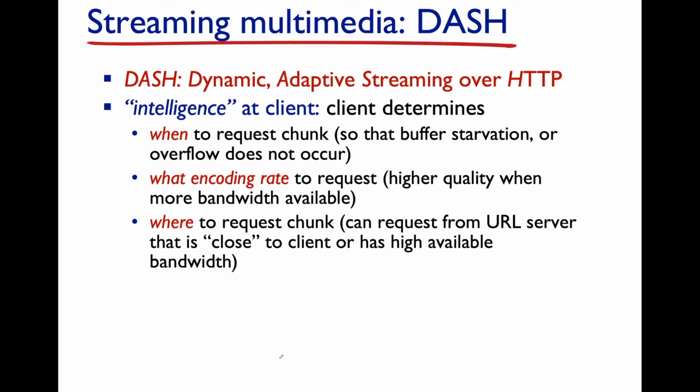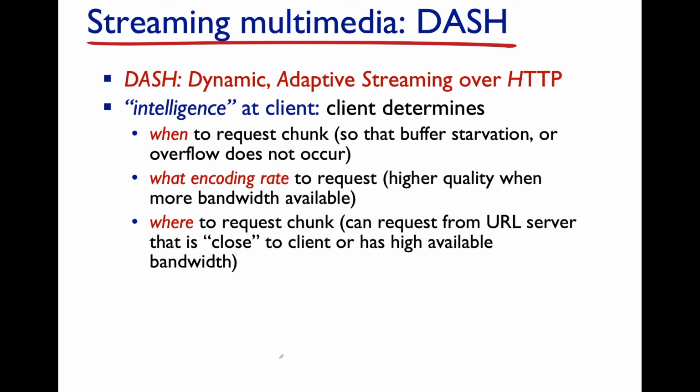And so for DASH, all of the intelligence is put at the client, and that implements scalability. Because why have the server do this? You should charge the cost of all of this calculation and decision-making to the client machine. And that allows you to keep your servers more scalable.